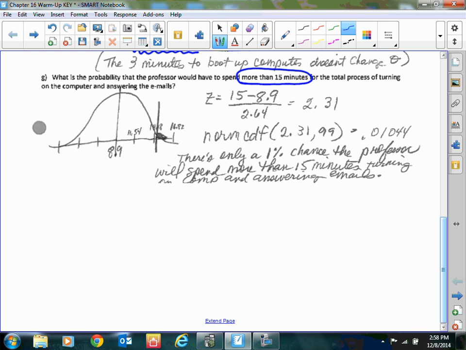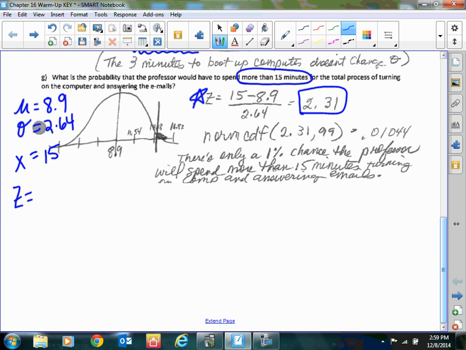The mean from the problem above is 8.9 minutes with a standard deviation of 2.64 minutes. X is 15 minutes, so my z-score is 15 minus 8.9 over 2.64, a z-score of 2.31 standard deviations up.